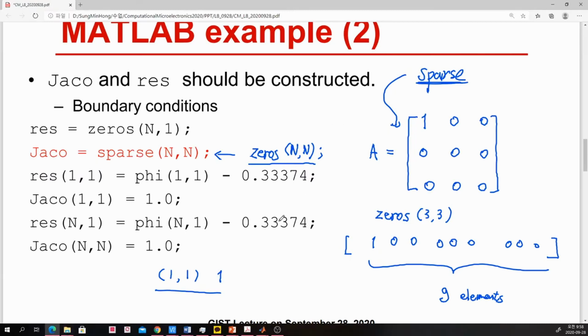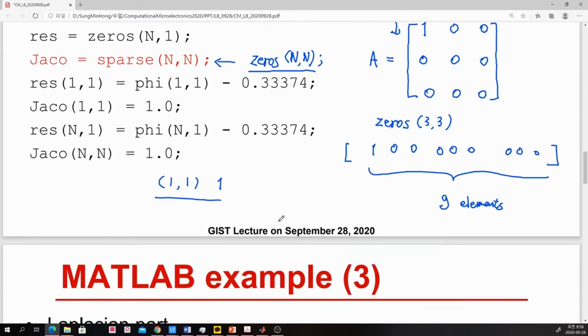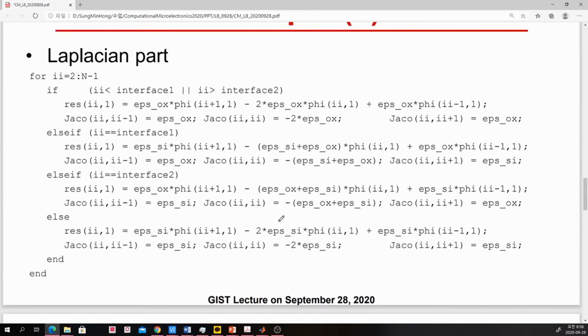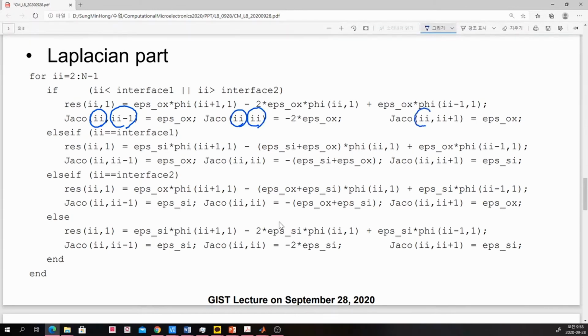So when you come back to our Jacobian matrix, you can find that we are accessing only ii, ii minus 1, and ii plus 1, the diagonal and its neighbors.